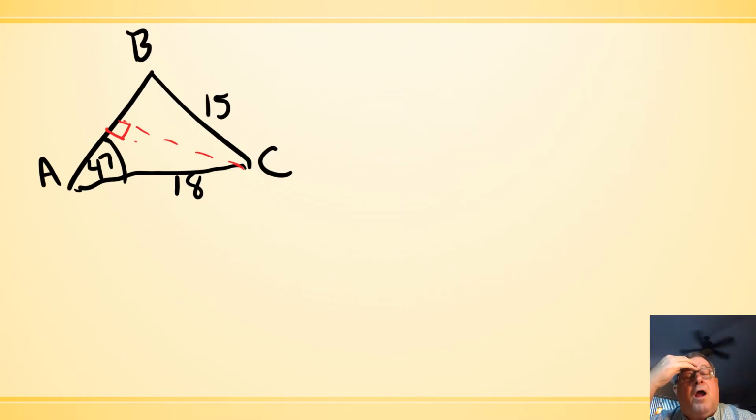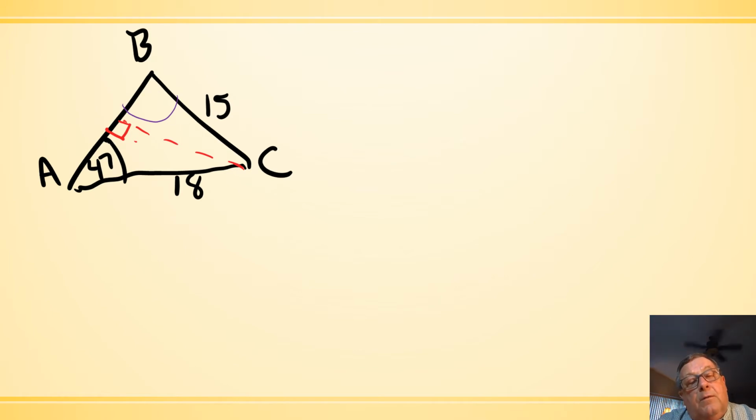All right, so here's our triangle. Angle A is 47 degrees, side a is 15, side b is 18, and we're trying to figure out angle B if angle B is acute.